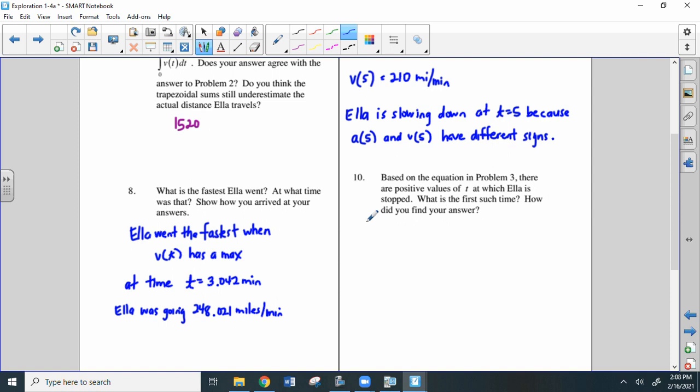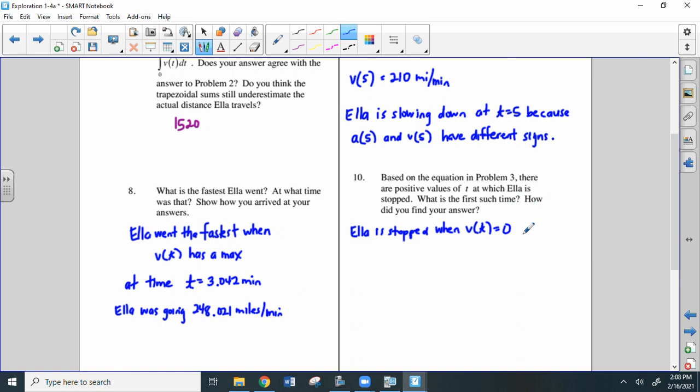Okay? So if she stopped, she's not going anywhere, she's not moving in any direction, then we know Ella is stopped when, hopefully you're thinking for yourself, when velocity equals 0, okay?